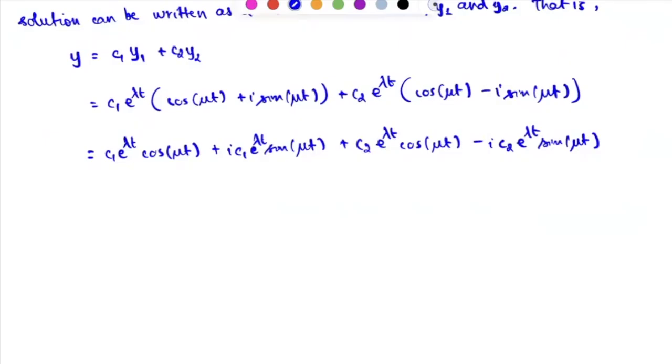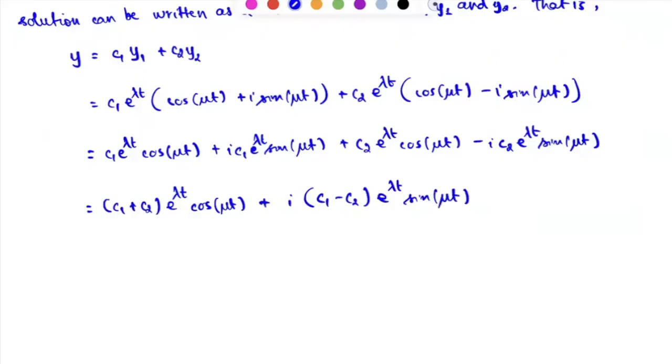So combining like terms here, I get (c1 plus c2) times e to the lambda t times cosine of mu t, plus i times (c1 minus c2) times e to the lambda t times sine of mu t.